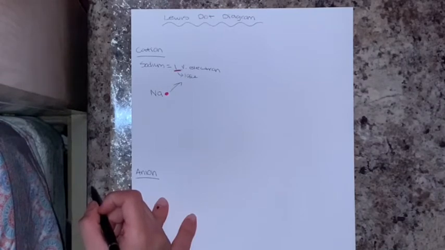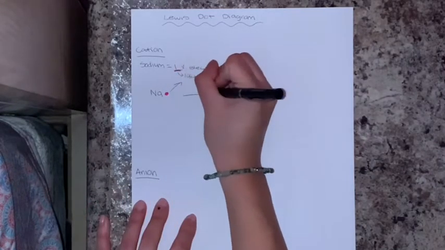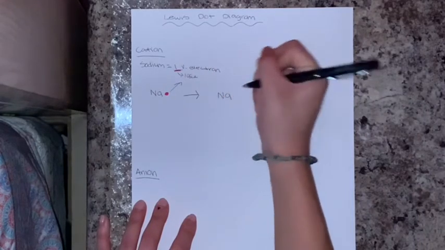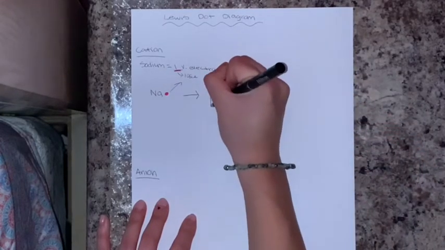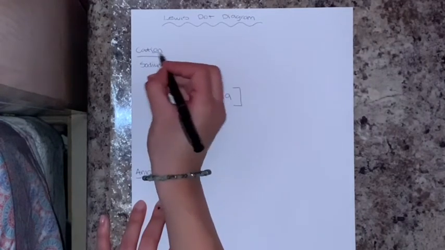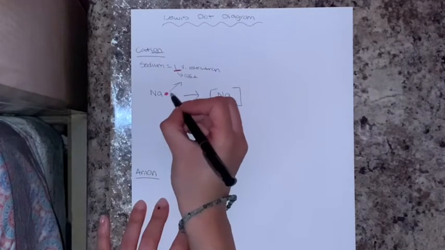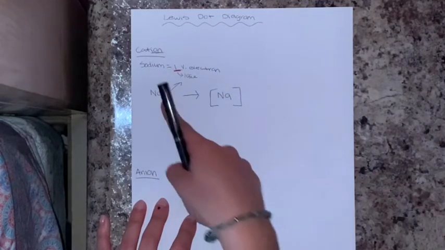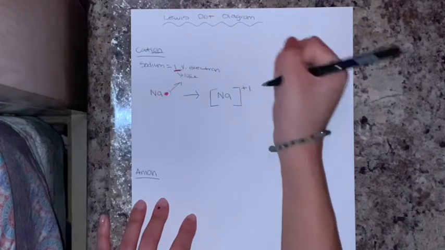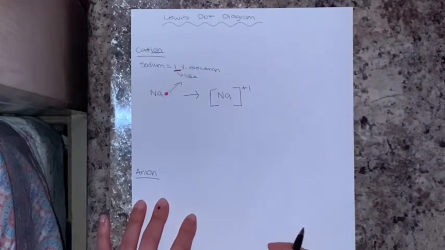So we're going to get rid of that valence electron, and we're just going to put Na in brackets. It is positive because we are losing that electron, so there are more protons than electrons, creating a positive charge of 1.